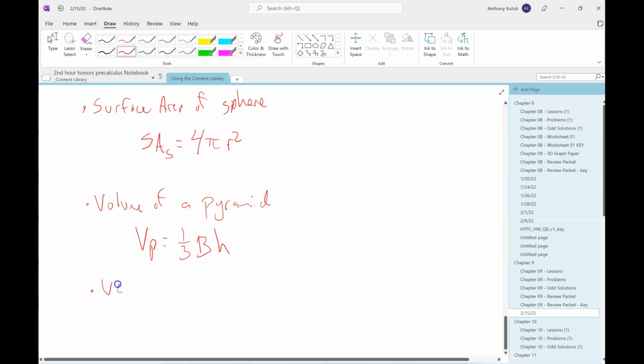How about for a prism? The volume for a prism. So just area of the base times height.